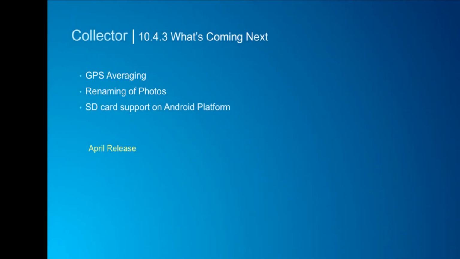So what's coming next? We have a 10.4.3 of Collector that we're finalizing right now. For those that do high accuracy data collection work, one piece of feedback, a very controversial one because people have very differing opinions about it, is GPS averaging.